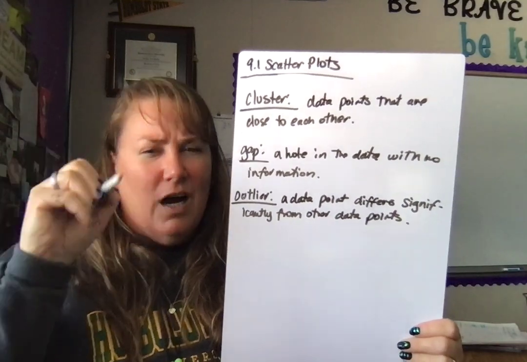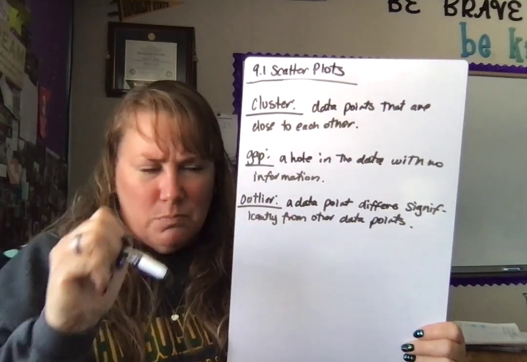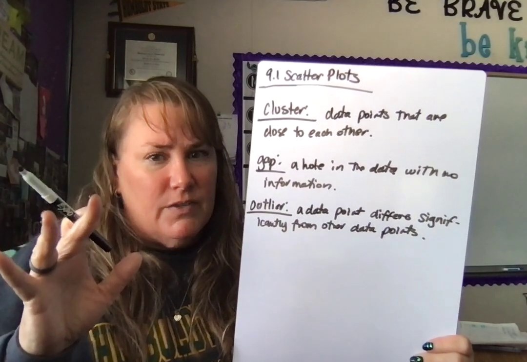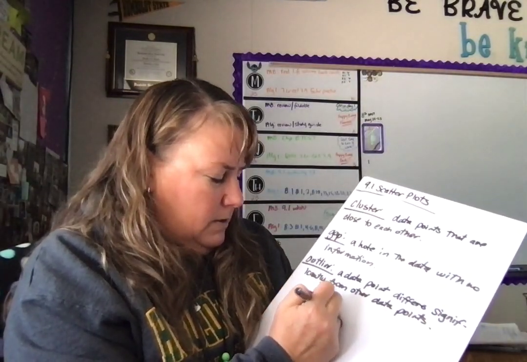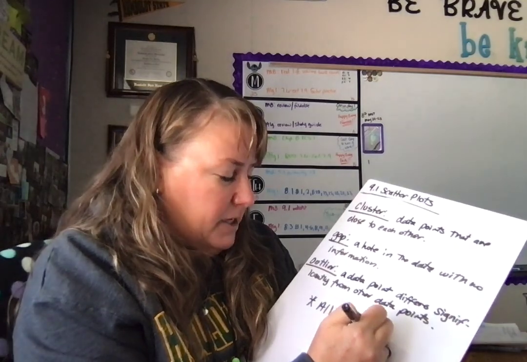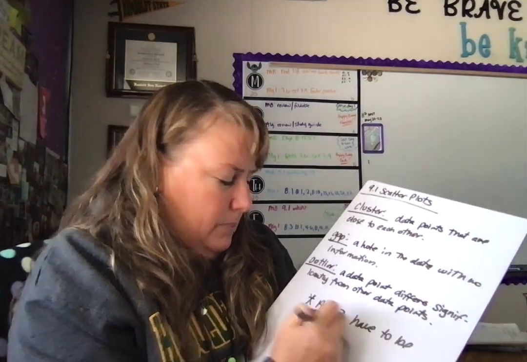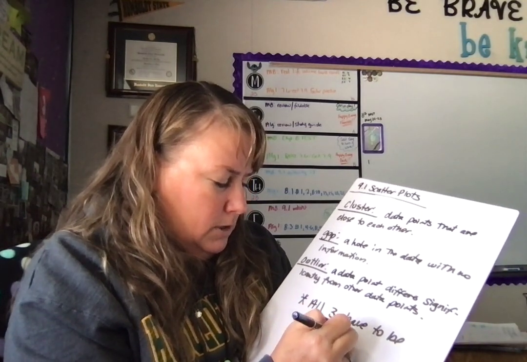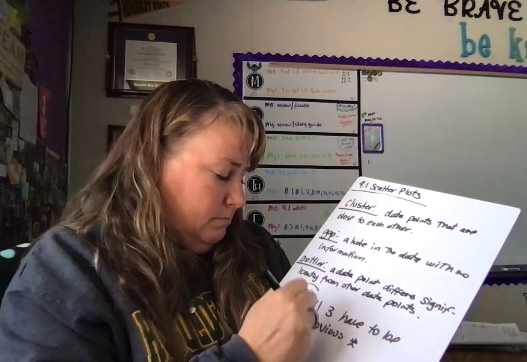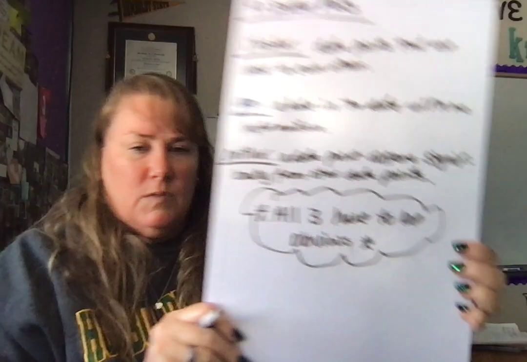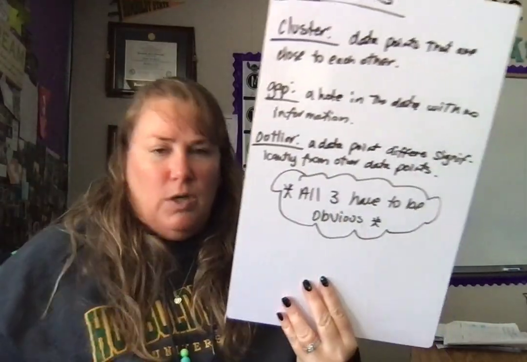Just think of it as kind of on its own, whether it's above or below, but it's got to be obvious. That's the thing. All three have to be obvious. That's how you can identify them. That's what you want to look for.